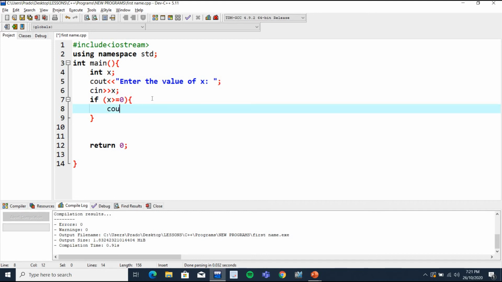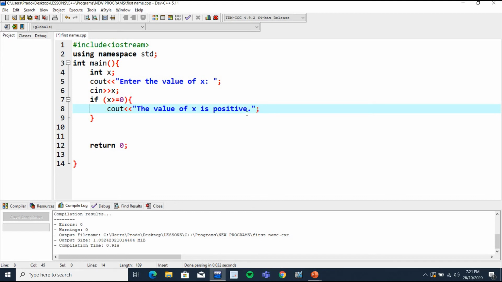So, lalagyan natin ng cout. If x is greater than or equals to 0, brace, cout, the value of x is positive. So, ayan. The value of x is positive. And then, semicolon.